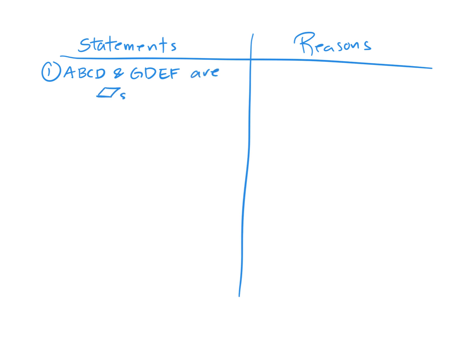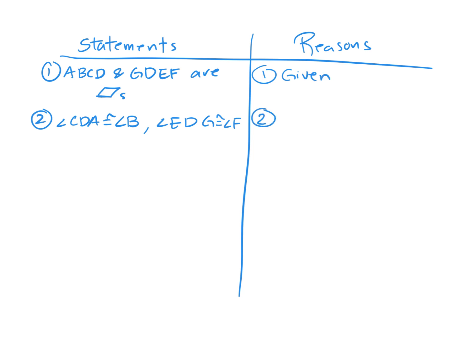I'm just going to draw parallelograms. For 2, we can say what I just mentioned, that angle CDA is congruent to angle B. And we also know that angle EDG is congruent to angle F. I forgot to write given on the right side. My bad.